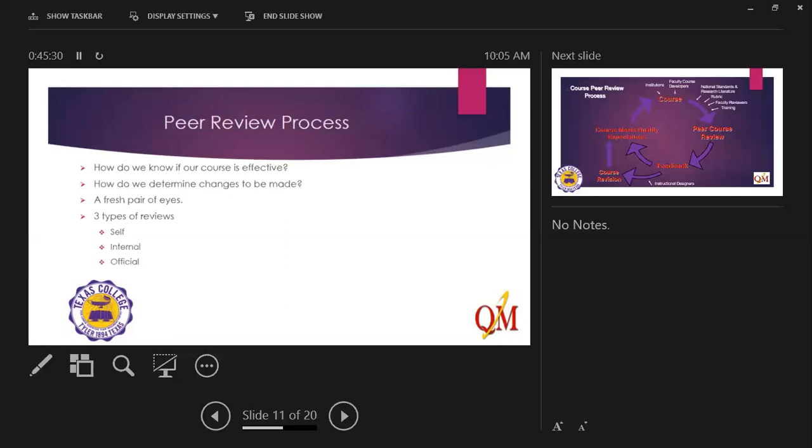So in order for my course to be certified, it has to go through the QM review process. The process starts with a request for that course to be reviewed. It's going to go from you to the head of the department, and the request is made to Quality Matters, then Quality Matters assigns the reviewers.